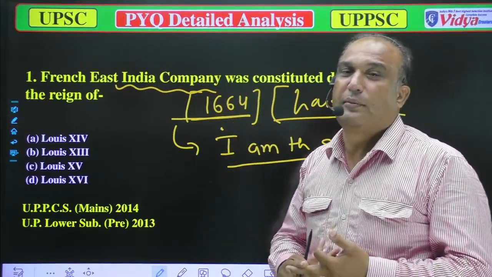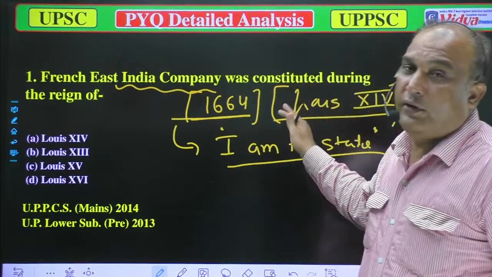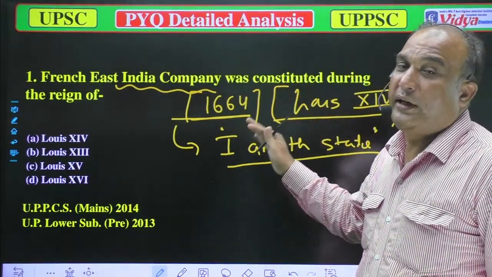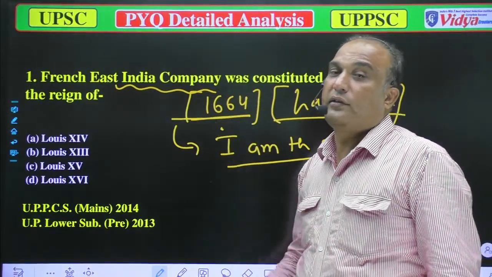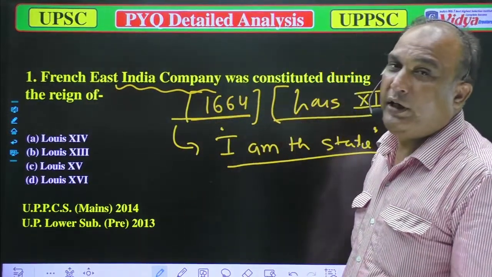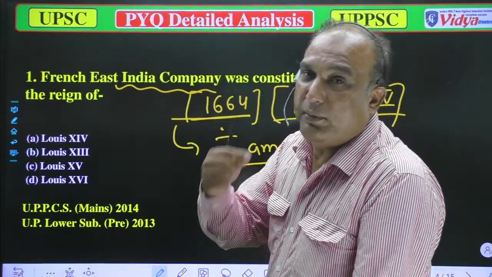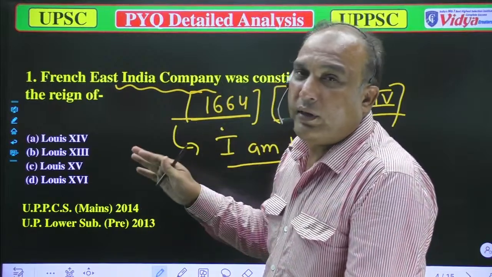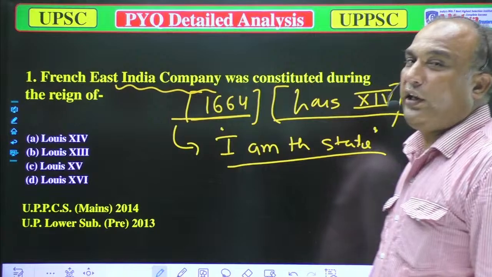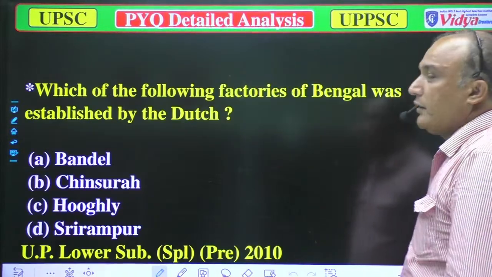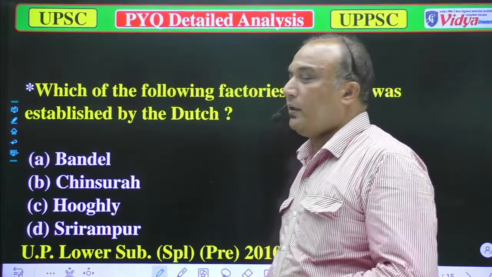The French East India Company was a government company because Louis XIV gave consent and all the money, all related consent. So the money involved to establish that company was from Louis XIV.